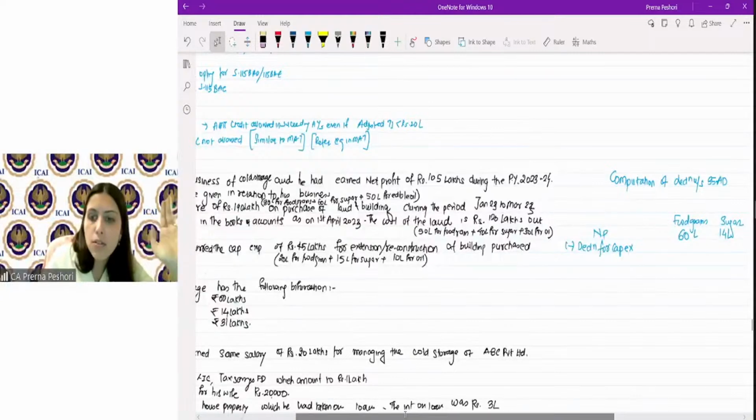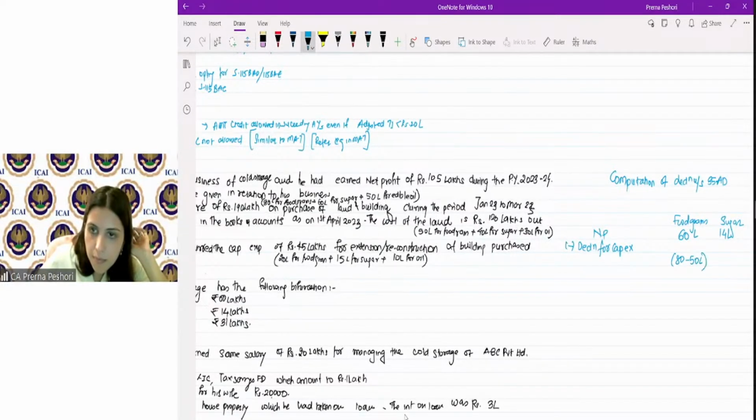So 80 minus 50 lakh, 30 lakh is allowed. This is prior to the commencement, as capitalized. And for the sugar, it is 60 lakh minus 40 lakh. This is 20.